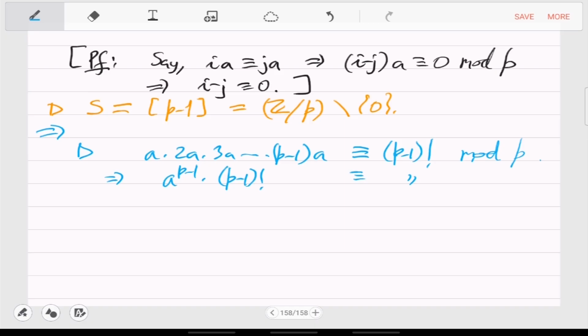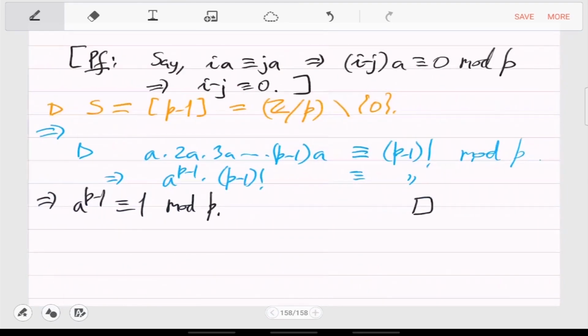So is p minus 1 factorial co-prime to p? It is, right? p cannot divide it because the factors are all very small. So which means that you can multiply by the inverse, the cancellation rule, and you have a raised to p minus 1 congruent to 1 mod p. That finishes the proof of Fermat's little theorem.